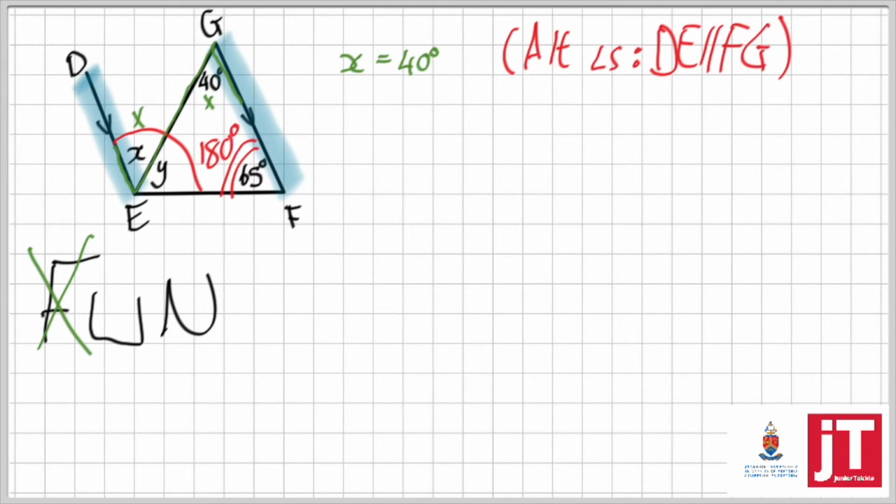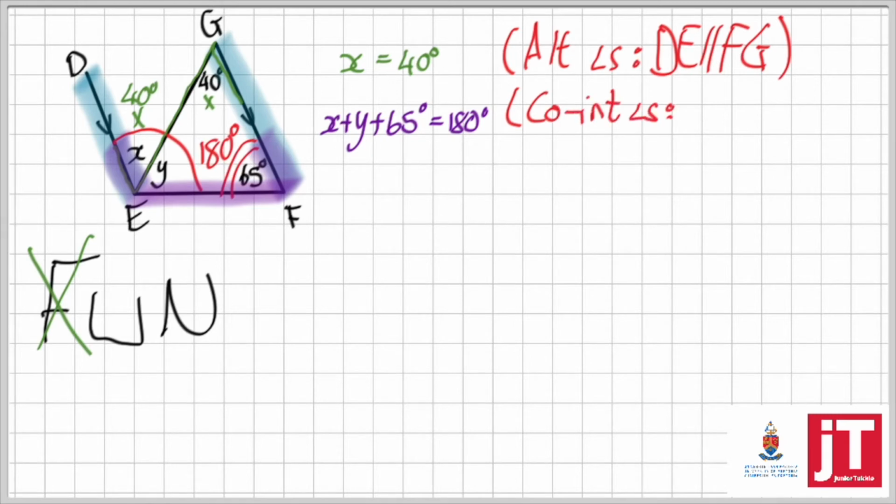So now x is 40, so I'm going to write that in on the sketch. Now this takes me towards solving y, because now actually I can use the U. I'm going to write down my statement that x plus y plus 65 must be 180 degrees. Why is that?